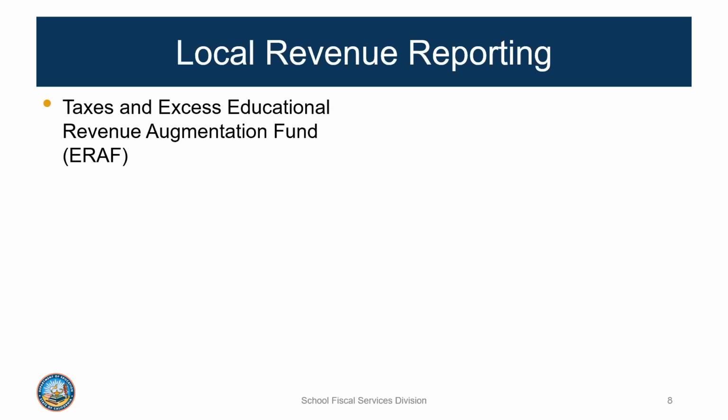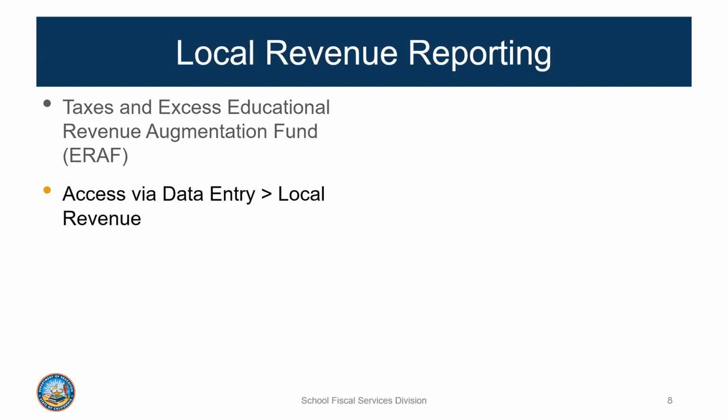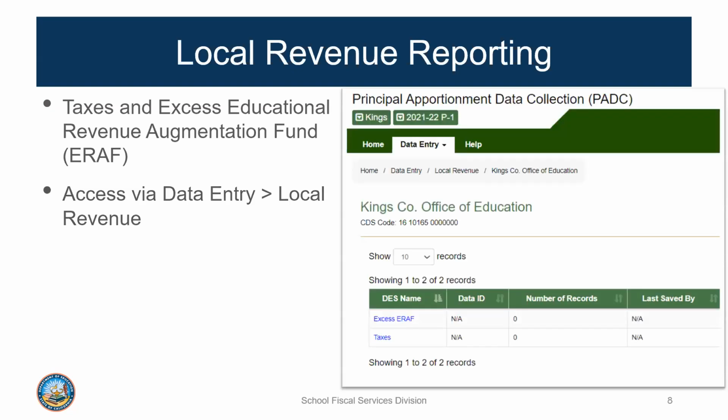So the local revenue group will also include special education tax allocation and miscellaneous funds, but those screens are not part of the data set due on November 15th, so we're not covering them in this presentation. To access the screen, a user would navigate to data entry and then pick local revenue. Remember, this grouping of screens used to be called county auditor in our desktop software.